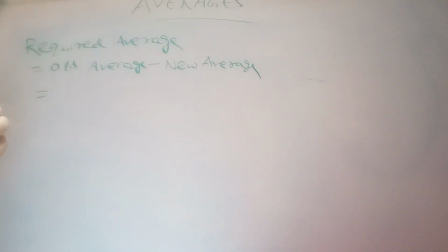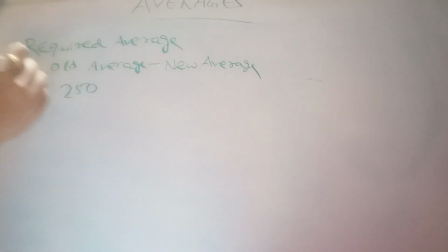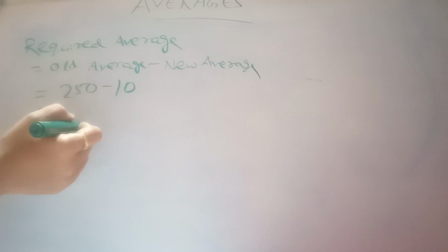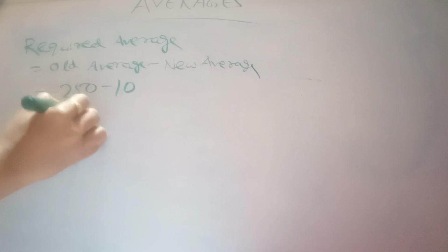So our old average is 250. Then this year everyone has sold 10 factories due to the recession of the economy and poor turnout. So minus 10. The average number of industries which each of them now has is 240.